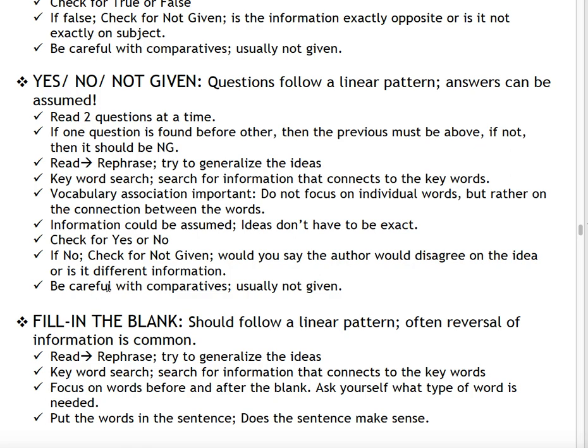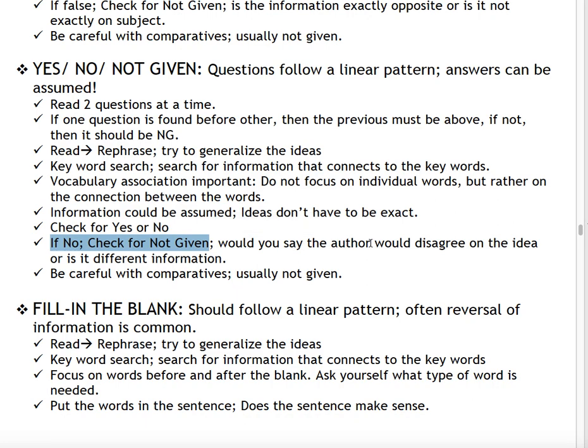Then it says here we should check for yes or no first. Does it agree or disagree? And then let's say we discover that no, it doesn't agree, or we think it's no. We need to double check one more thing. Is it no because would you say the author would disagree on the idea exactly, or is it not talking about that information? Or is it different information?